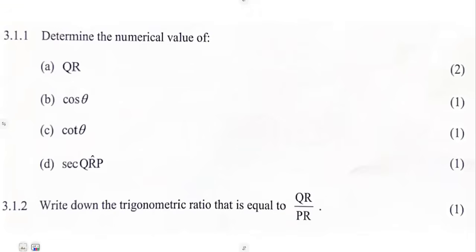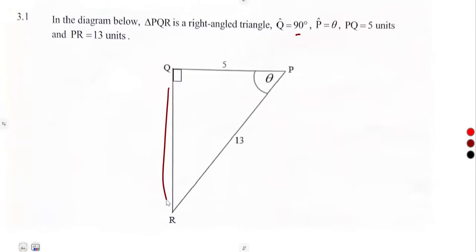And the question was 3.1.1, determine the numerical value of QR. So QR, that is this one. We can simply use our Pythagoras theorem to calculate QR.